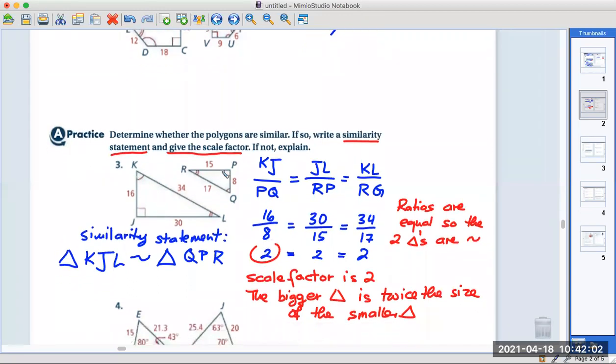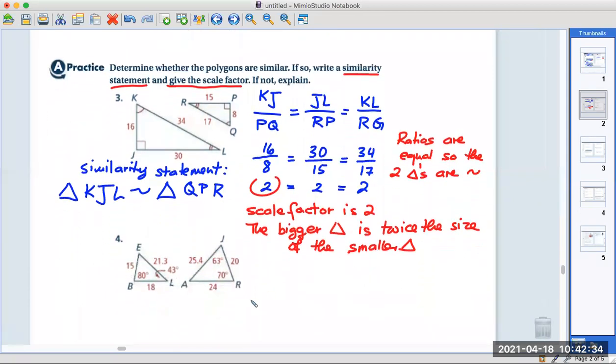Now, if I had compared the smaller triangle over the bigger triangle, if I had written this and started with PQ on top and KJ on the bottom, I can do that. The scale factor would be 1/2. And that would just mean that the smaller triangle is half the size of the bigger triangle. So depending how you name your ratios, which number you put on top, which you put on the bottom, that's how your scale factor is going to turn out.